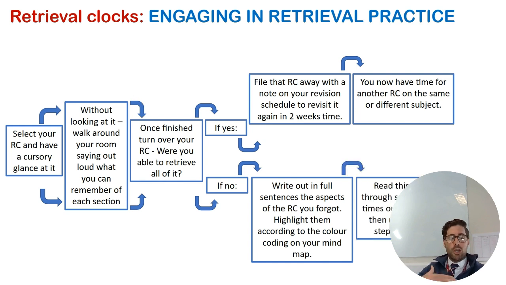And then critically, you read them out loud multiple times. It must be out loud and it must be multiple times. Then you revisit this whole process again, perhaps the next day or two days later, or at most on the following weekend. It's got to be done relatively soon to promote that consolidation.